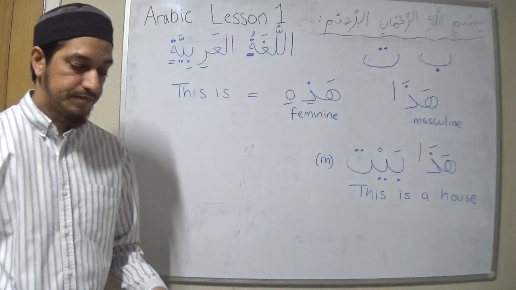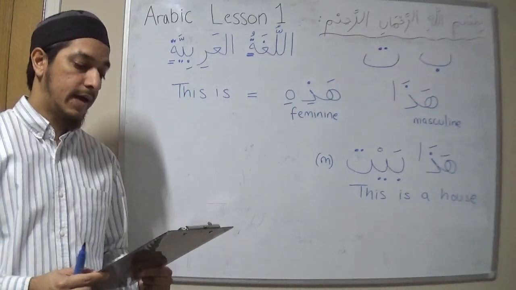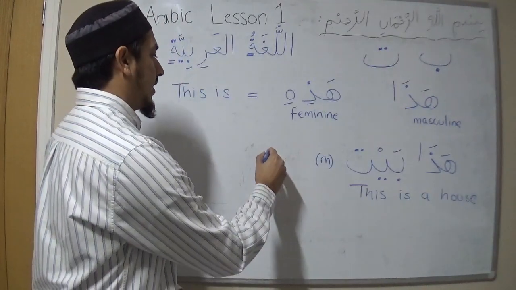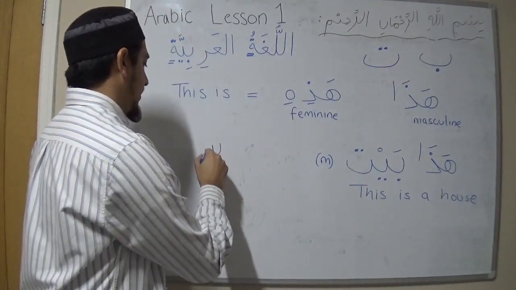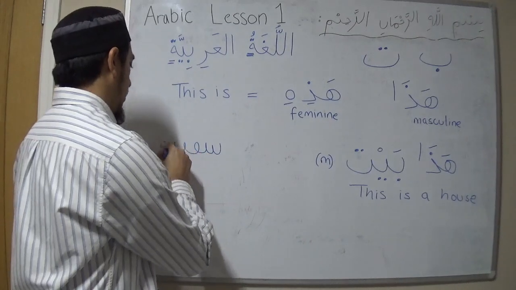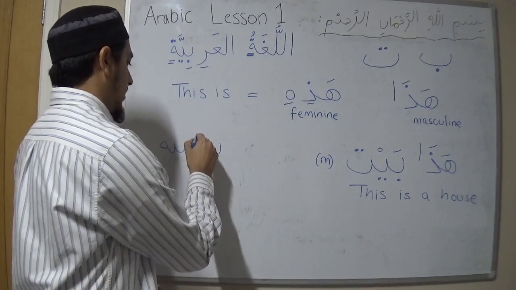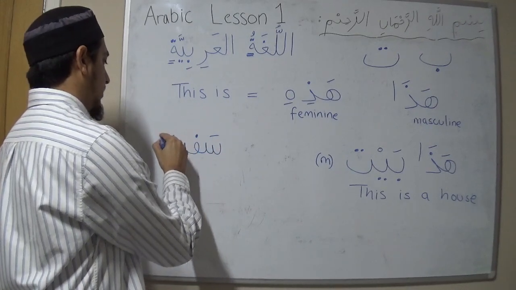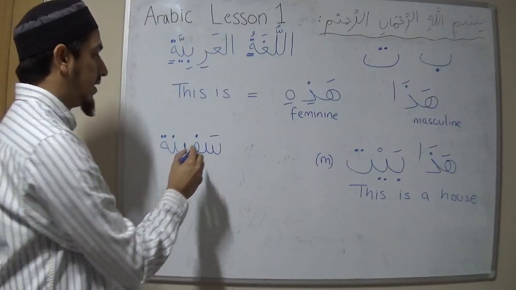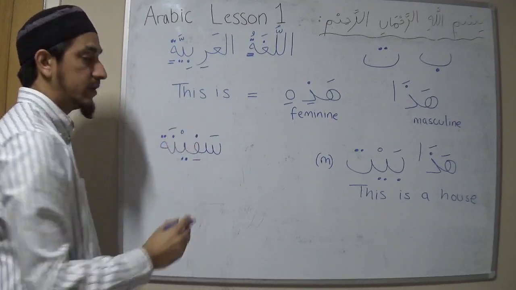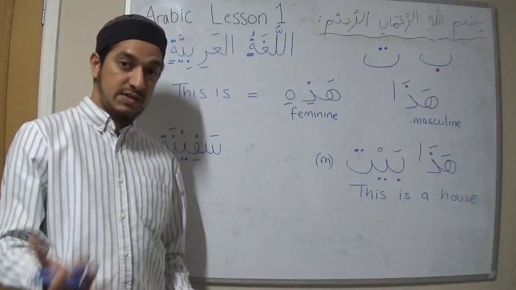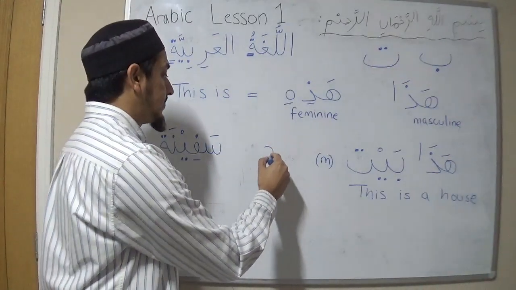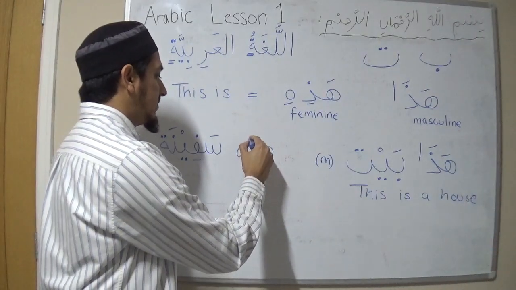So for hadihi, from the ta examples, we had safina, the ship or the boat. So here's safina. Sin, fa, ya, nun, ta marbuta. We had safina. So this means a ship. So if I'm to say this is a ship, I would not say hada safina, I'd say hadihi. Hadihi safina.